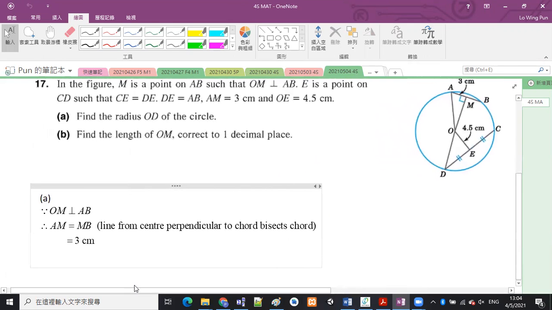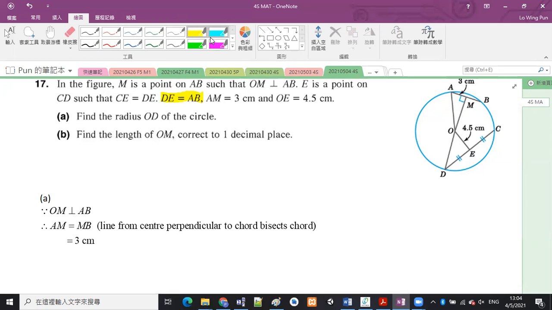It's okay now. So AM and MB are both equal to 3 cm. And because the question tells us that DE is equal to AB, let us highlight this. DE is equal to AB. It is not good to mark them in the diagram.